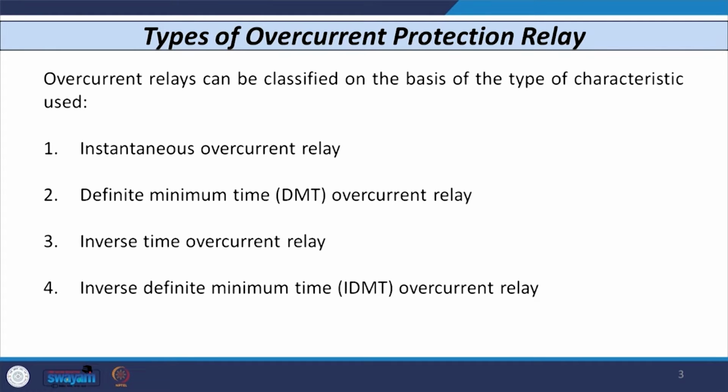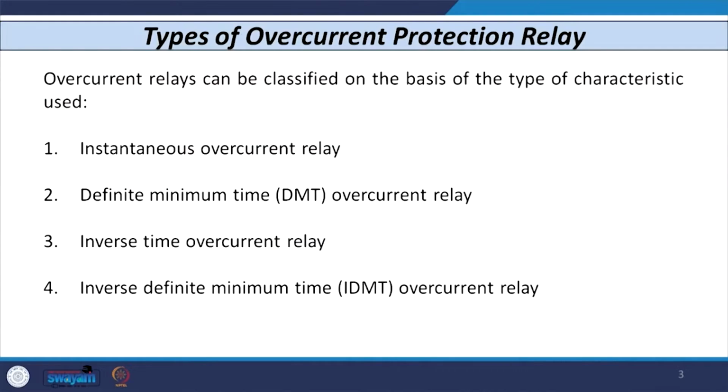There are different types of overcurrent relays. As I have discussed earlier, relays can be classified based on the type of characteristic used, the type of construction, and the parts they utilize. Here let us see the classification of overcurrent relays based on the type of characteristic.